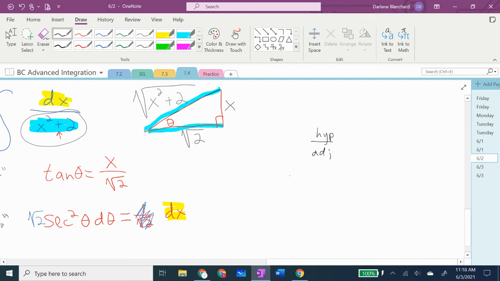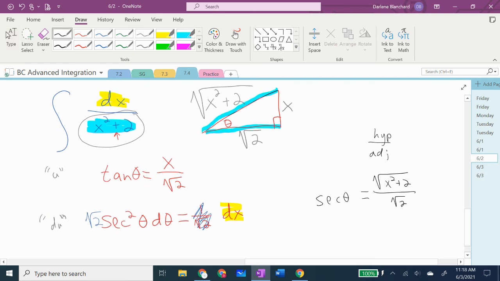The hypotenuse over adjacent must be equal to cosine's reciprocal, which is secant.